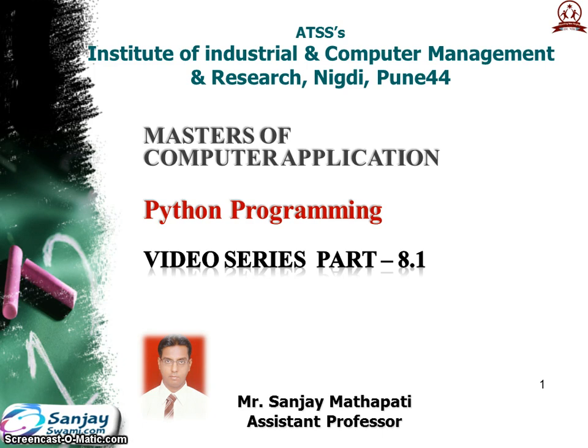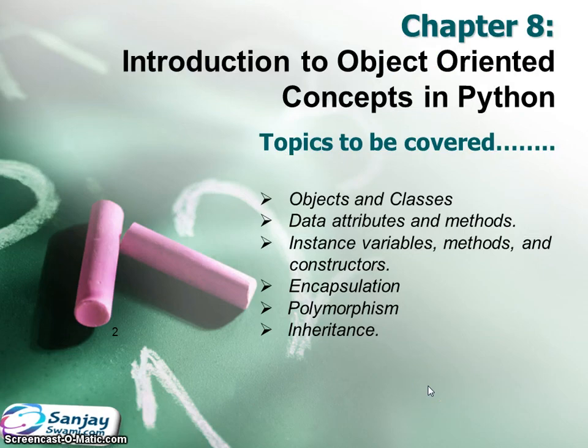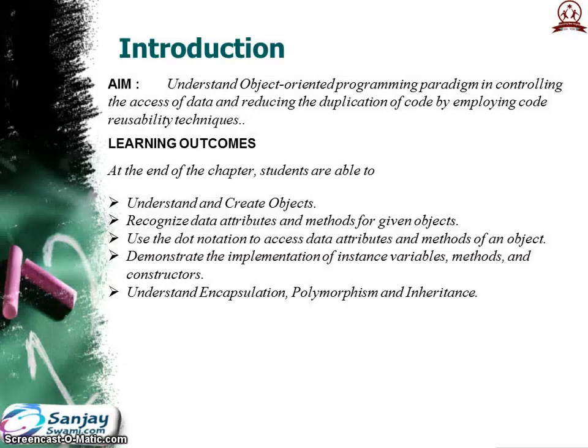In this part of the video, we will be discussing an introduction to object-oriented concepts in Python. Topics to be covered under this chapter: objects and classes, data attributes and methods, instance variables, methods and constructors, encapsulation, polymorphism, and inheritance.